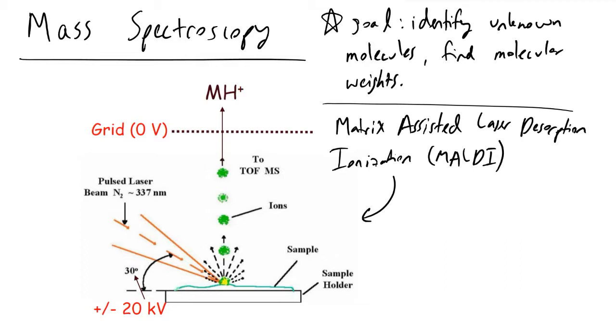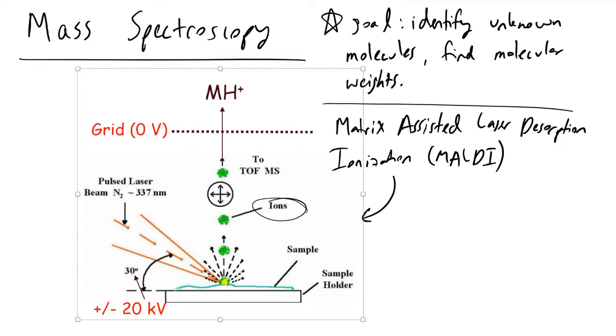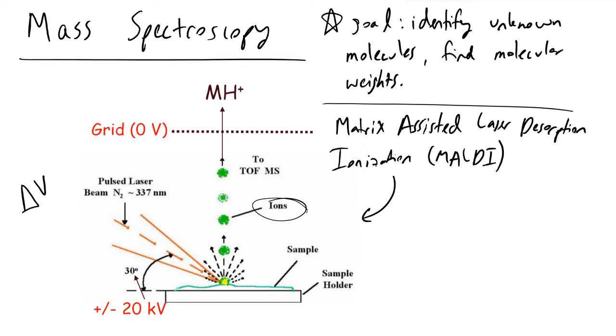What happens in these situations is we're forming ions that leave our sample and fly across our mass spectrometer in a vacuum chamber. What's driving these ions is this delta V, a potential difference, otherwise known as voltage.